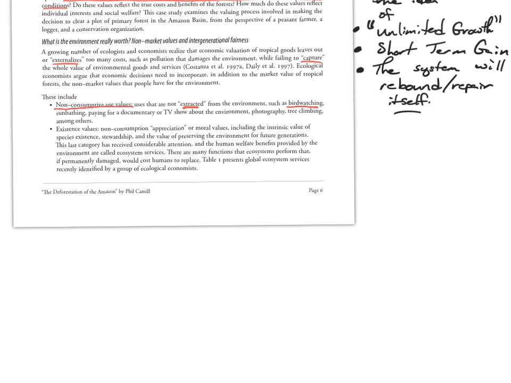You can make money by having people paid to use the land, or rent towels to people that want to sunbathe, or sunscreen for people that want to sunbathe. Paying for a documentary about the rainforest. Everybody loves a good nature documentary. Photography. People love pictures of rhinoceros and trees and toucans and what have you.